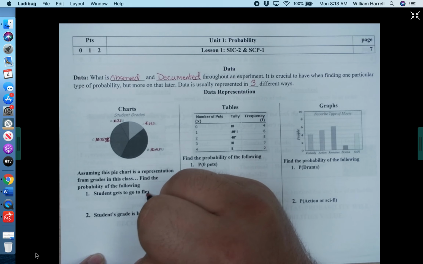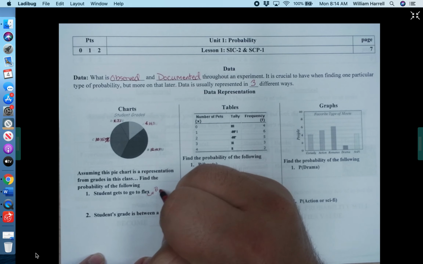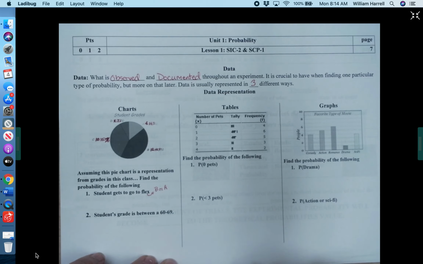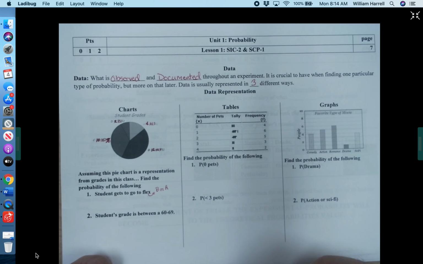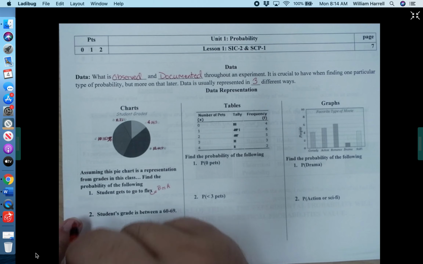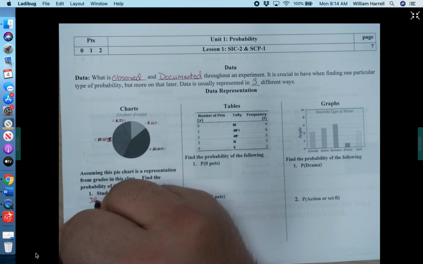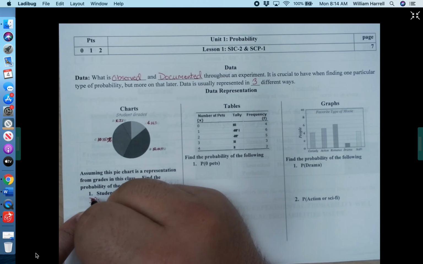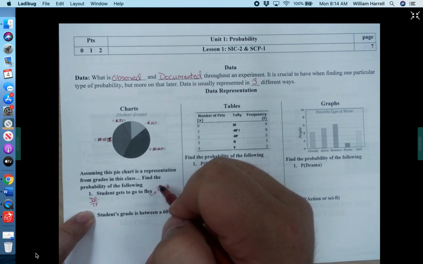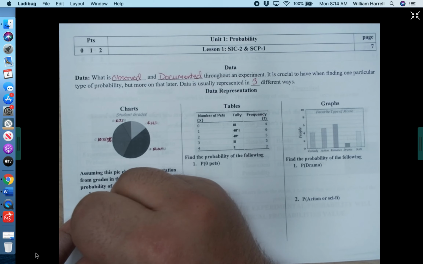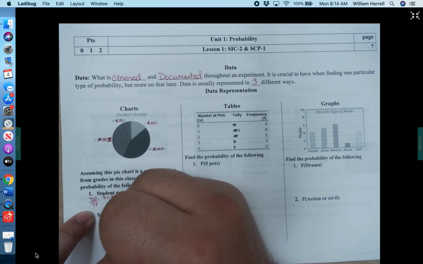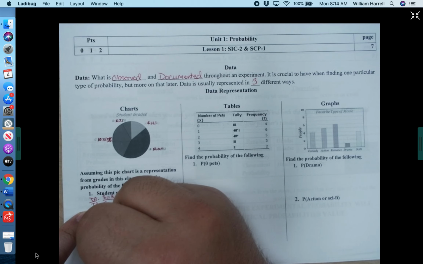So, Flex is B or an A. Okay. So again, probability is desired outcome over total possibilities. Desired outcome gets to go to Flex, so the student has a B or an A. Divided by total possibilities is total students.